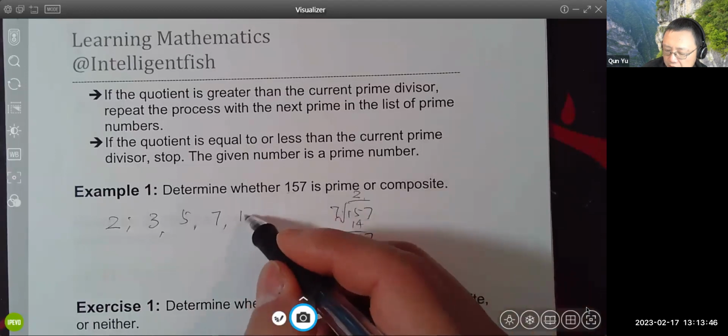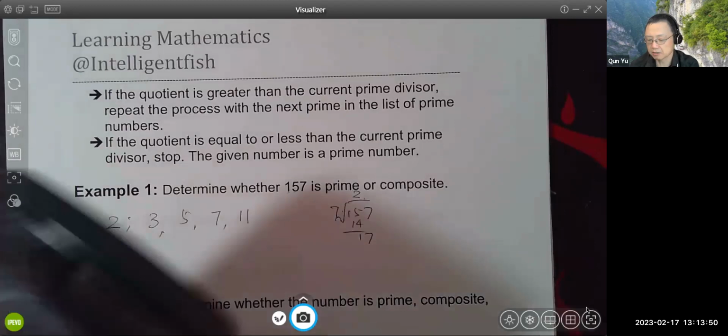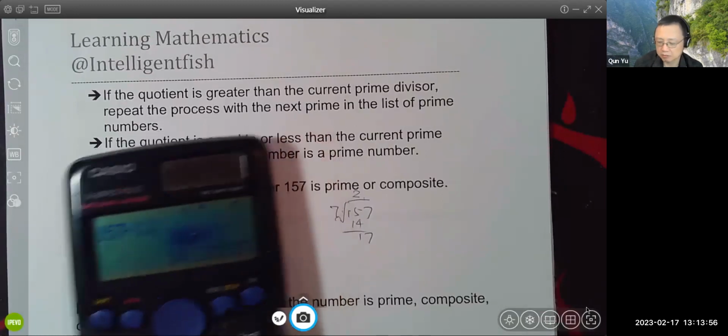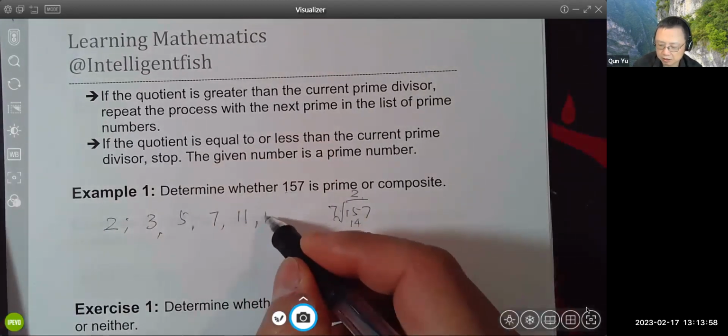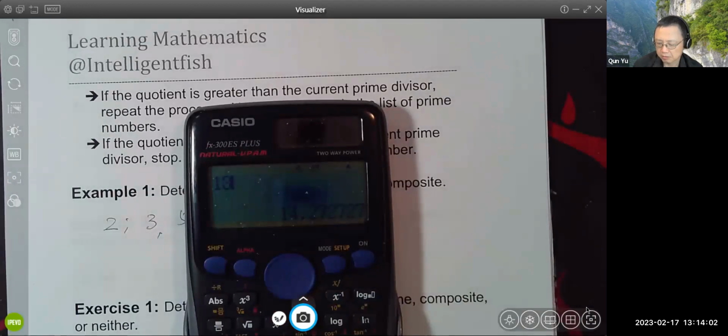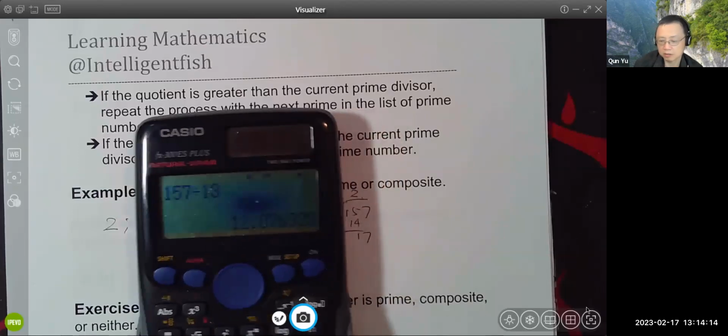And the next one is 11. Let's try that. 157 divided by 11, so we got a decimal number. So the next one is 13. 157 divided by 13 equals 12 point something.